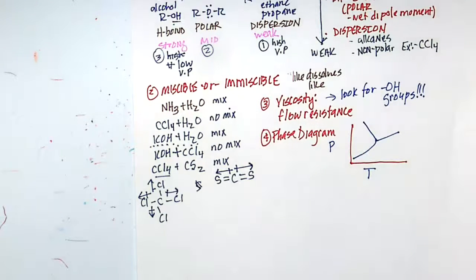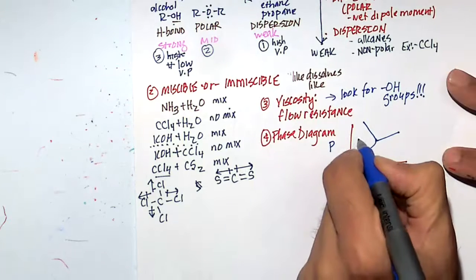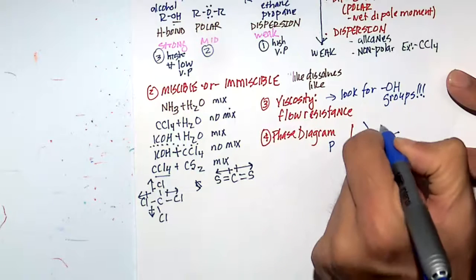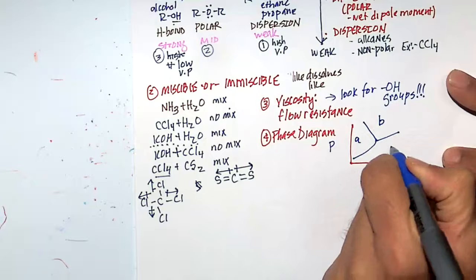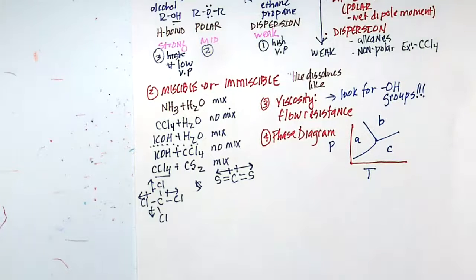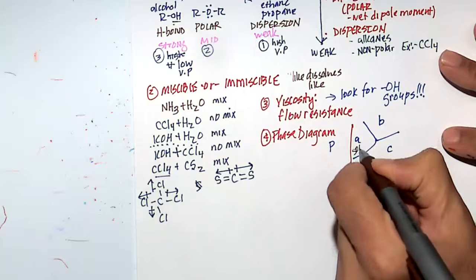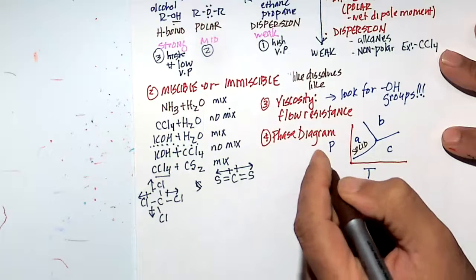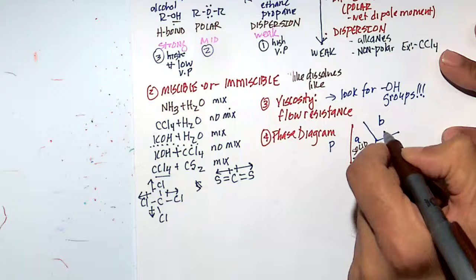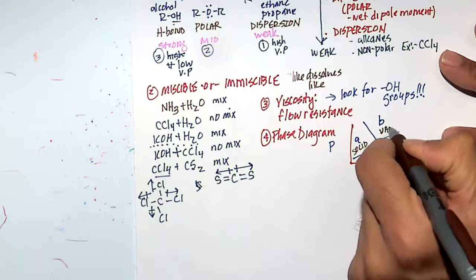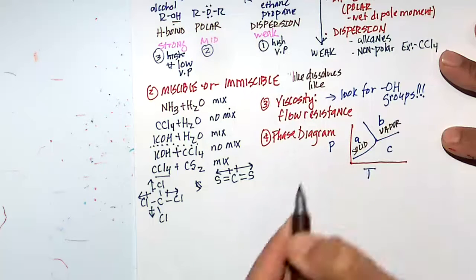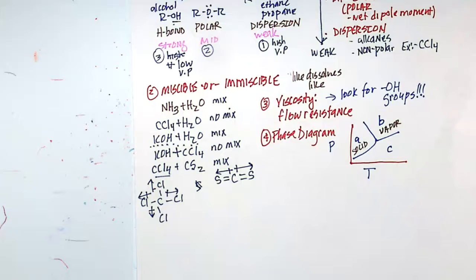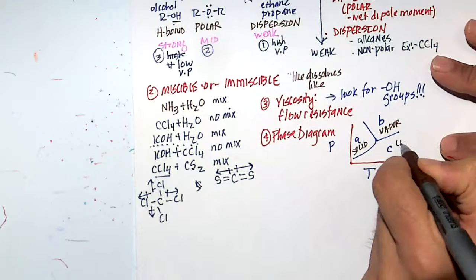We have three phases. Anybody remember what this phase is? Phase A, is it solid, liquid, or gas? Solid. Phase B, solid, liquid, or gas? Vapor or gas. And then phase C would be liquid.